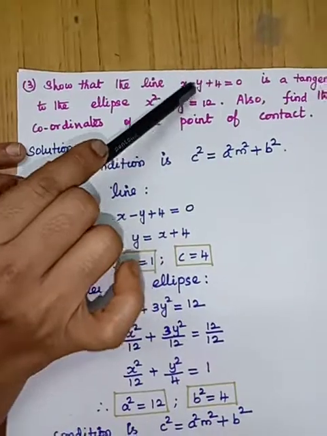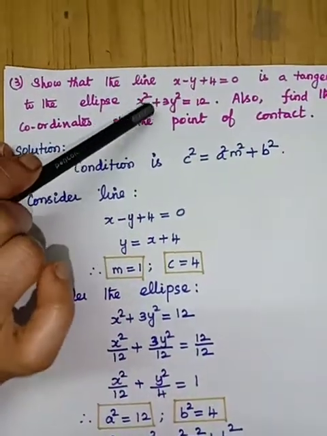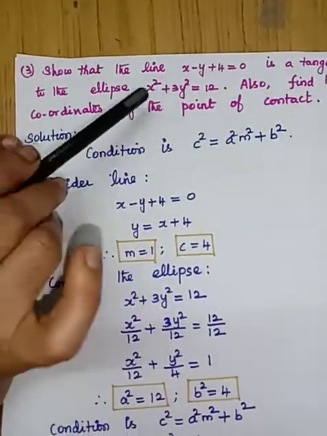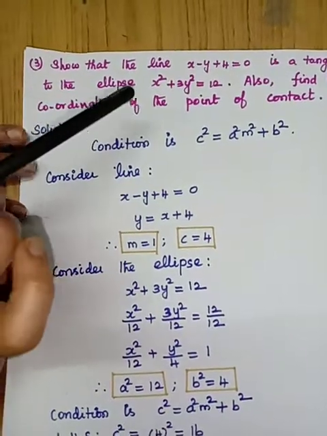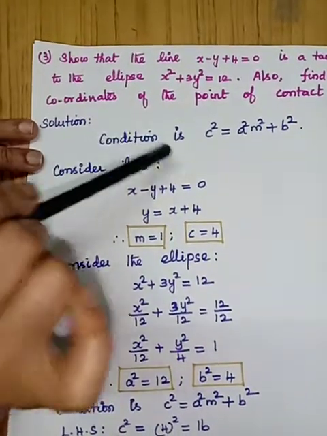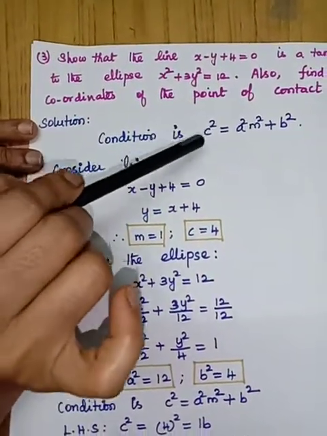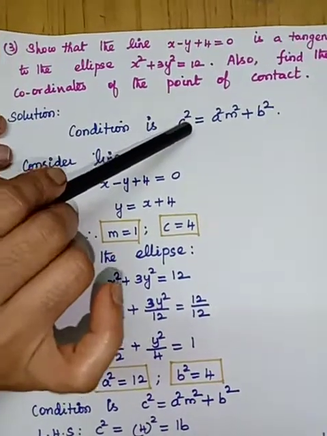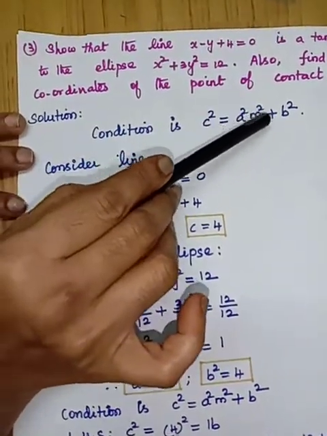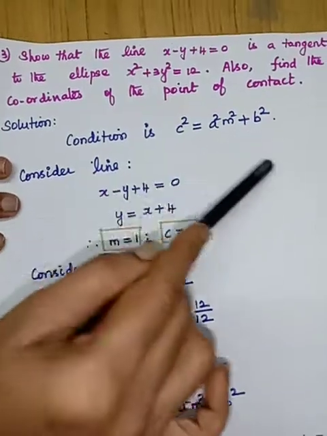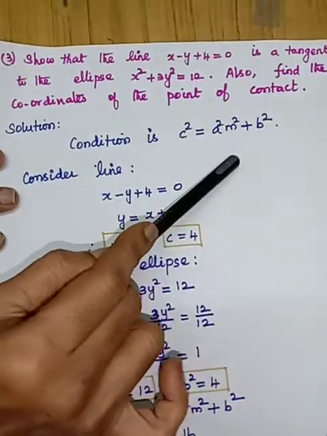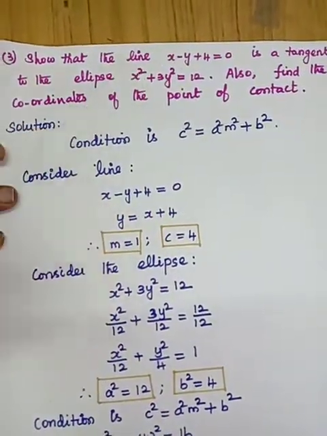We have to show that this line is a tangent to the ellipse. So it has to satisfy the condition. For the ellipse, the condition is c squared is equal to a squared m squared plus b squared. So we have to satisfy this condition by the line to the ellipse.